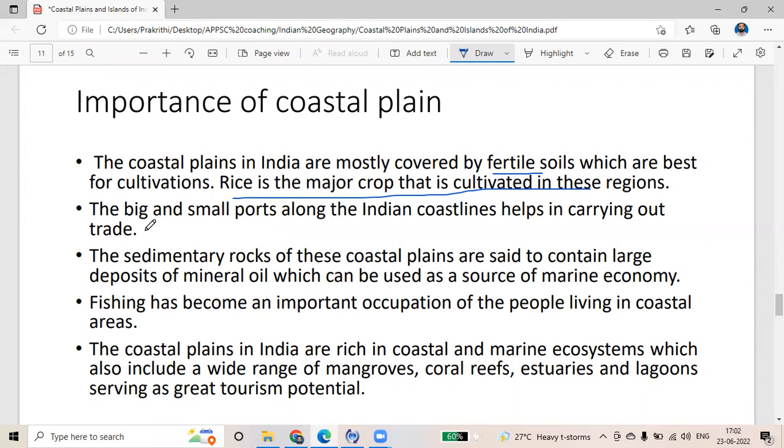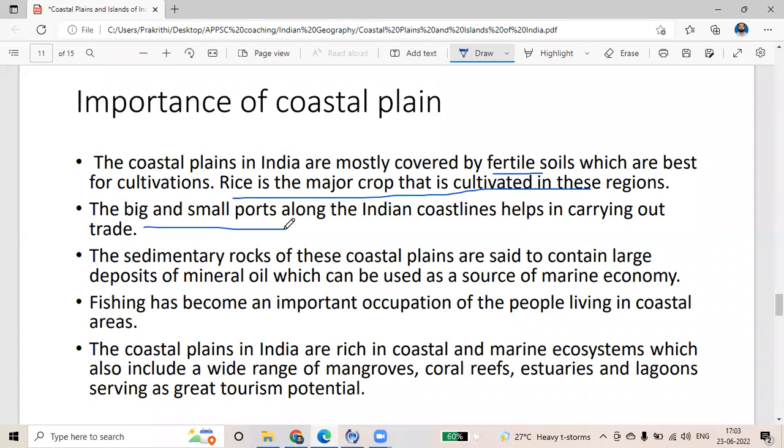Then we have big and small ports here. These coastal plains support transportation and trade. And we have mineral deposits and oil deposits.